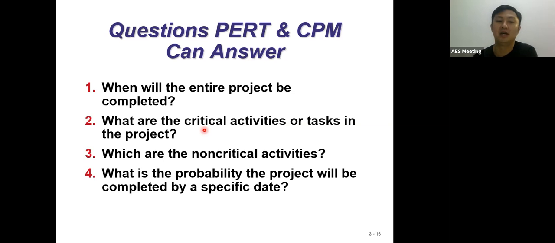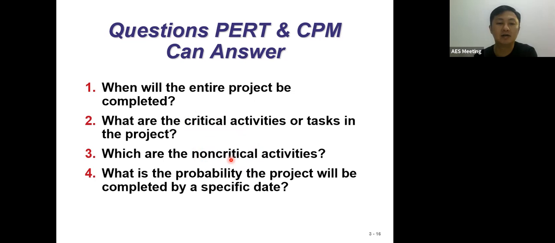At the same time, if you can identify the critical activities, you will also know the non-critical activities. The non-critical activities may seem not important, but they are in the path. Sometimes this happens in the activities throughout your network path.